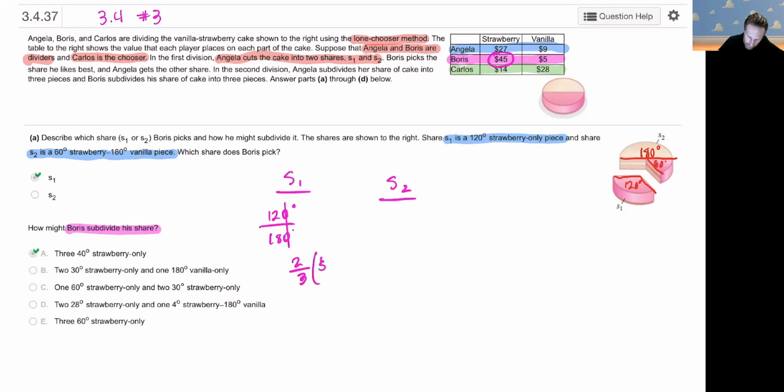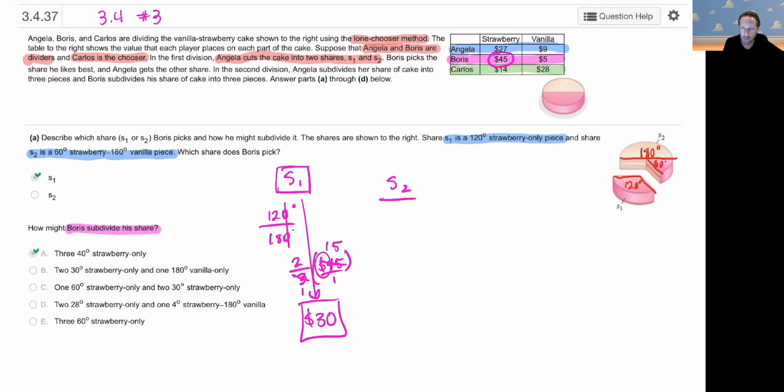So we know that this piece would be valued at 2/3 of 45. If I put that over 1, I know 3 goes into 45 fifteen times, and then 2 times 15 leaves us with a $30 share. So that's what, according to Boris, S1 would be valued at.